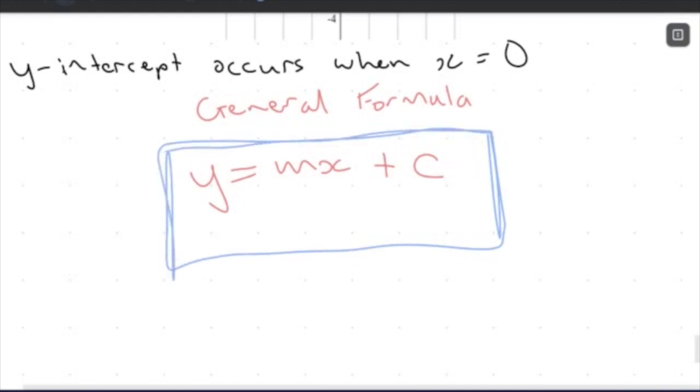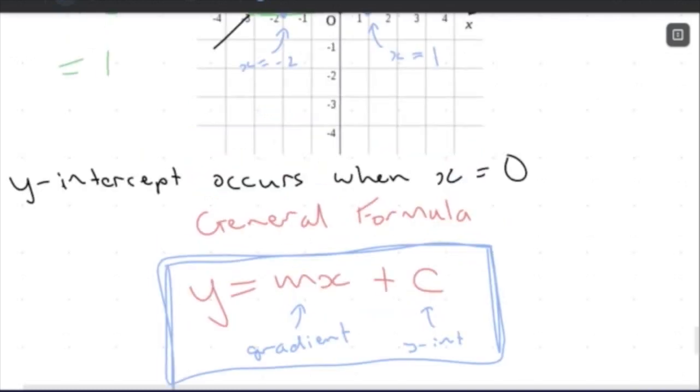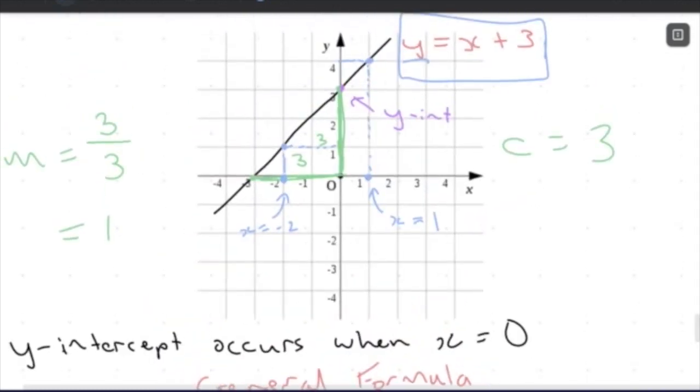This is just that y equals the gradient multiplied by x, which tells us how y changes with x, as well as the y-intercept, which is what y is when x equals 0.